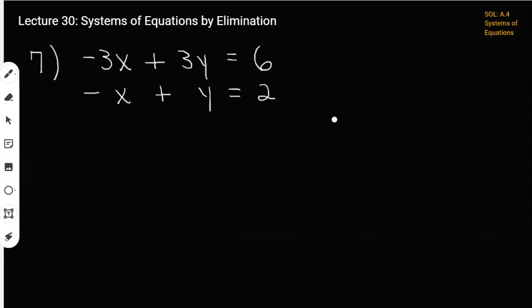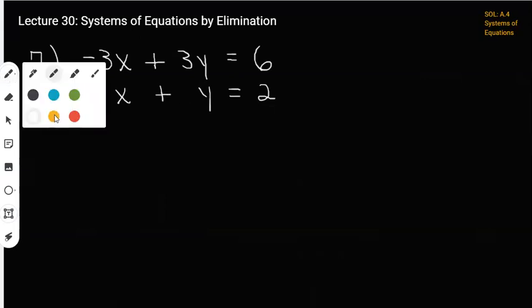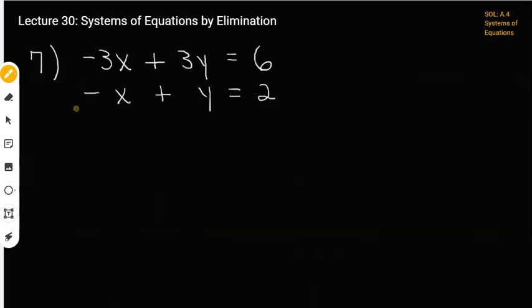So what I need to do is multiply one of the lines or both of the lines by a certain number so that they match up. What I'm going to do is multiply the bottom line by -3, and the reason for that is so that the x's and the y's will match up.